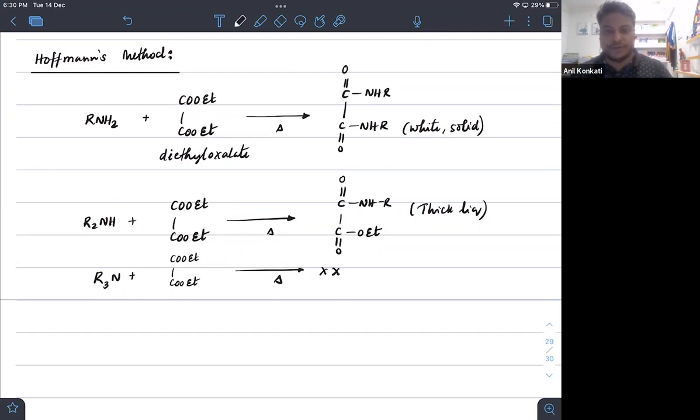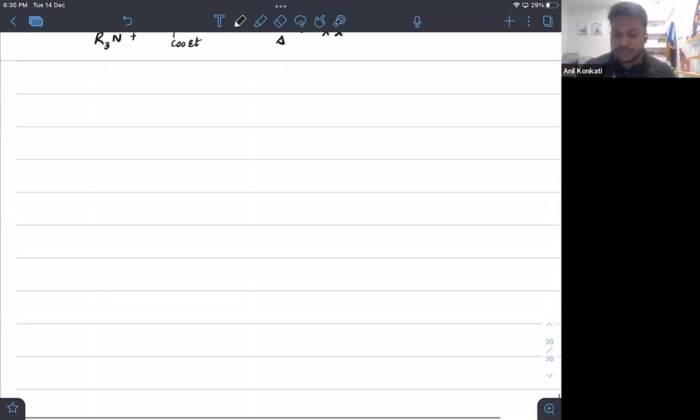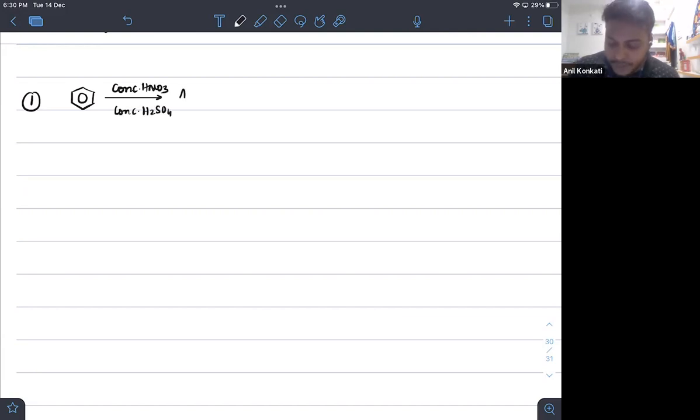I'll put a few questions for you. Just go through them once and try this out. I have seen these in various sources, and I found them very relevant to JEE. First, with concentrated HNO3 in the presence of concentrated H2SO4 we get A, and that reaction with B gives aniline and H2.